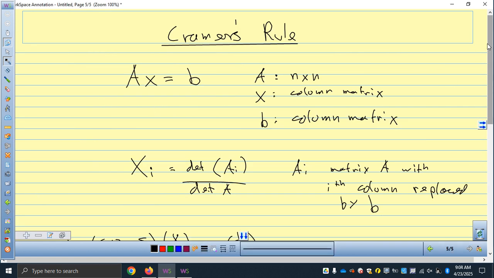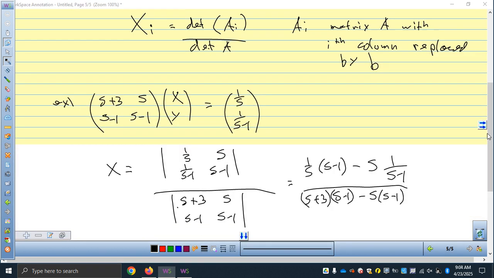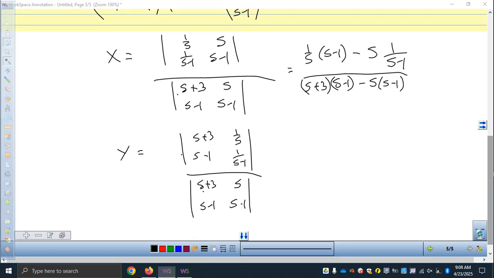So I think Cramer's rule for a 2 by 2 matrix especially is the simplest way to solve that system of equations when your coefficients are things like s plus 3 and s and 1 over s minus 1, etc.